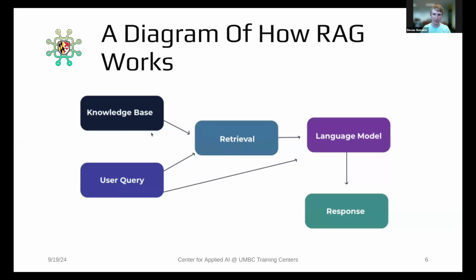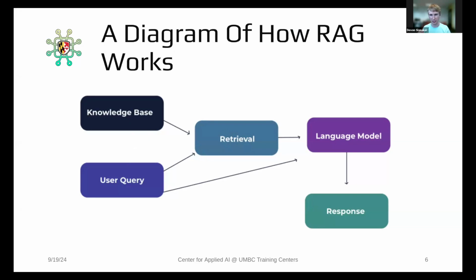So yeah, this is kind of how RAG works. We have a knowledge base, a user query, the retrieval process, and then the language model. The knowledge base is like the vector database of objects and documents, and the user query is what the user asks the model.